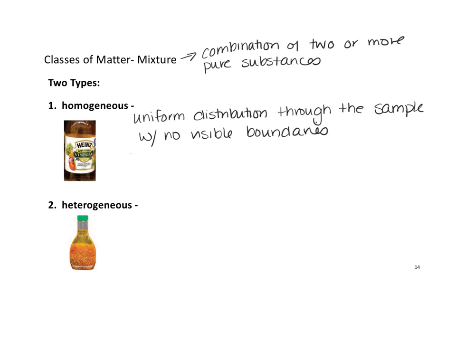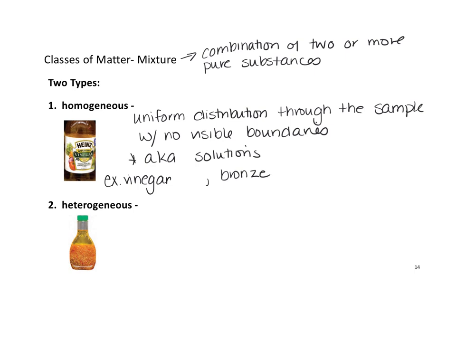These can also be called solutions. So that's another word for homogeneous mixtures. A really good example is vinegar here. Vinegar is a mixture of acetic acid and water.